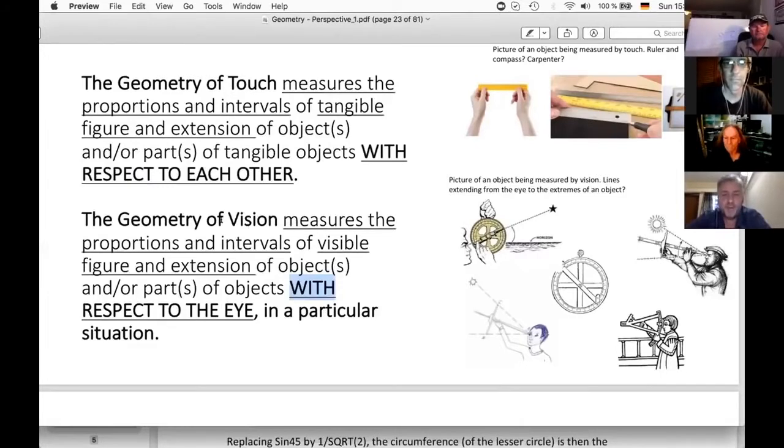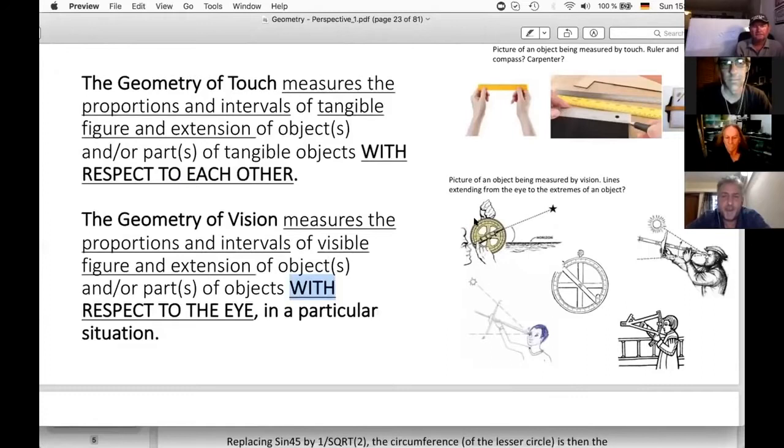But from a purely geometric point of view, you cannot tell whether something is very close to you and very small, or very far away from you and very big. It's called the so-called size-distance invariance problem. And it's the thing that astronomers have to contend with all the time.